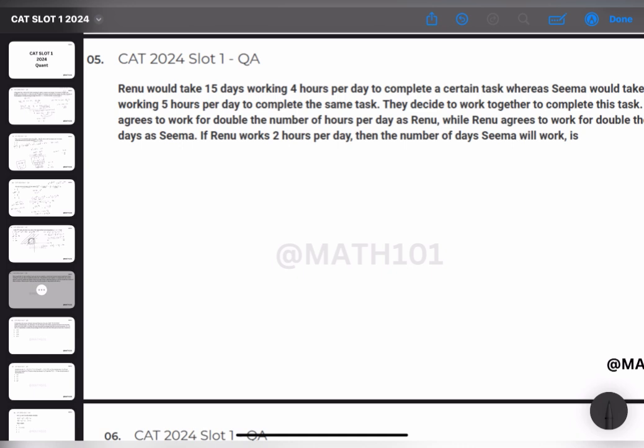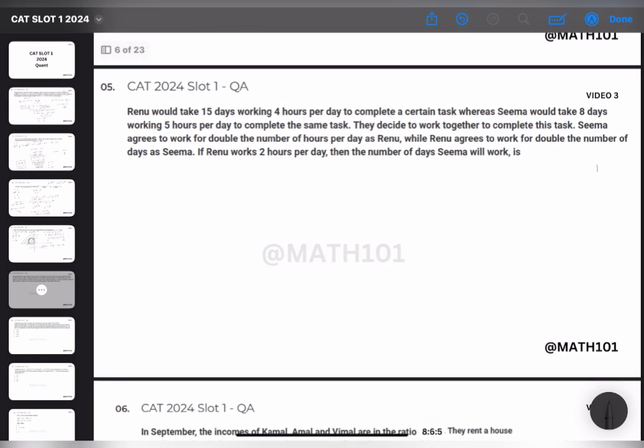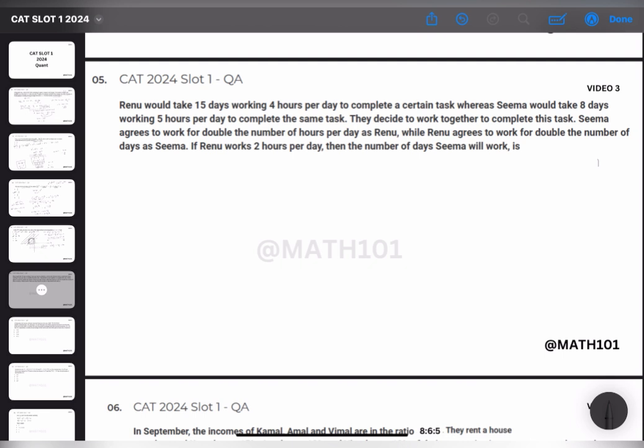Renu would take 15 days working 4 hours per day to complete a certain task, whereas Seema would take 8 days. So Renu does that work in 60 hours and Seema in 40 hours.